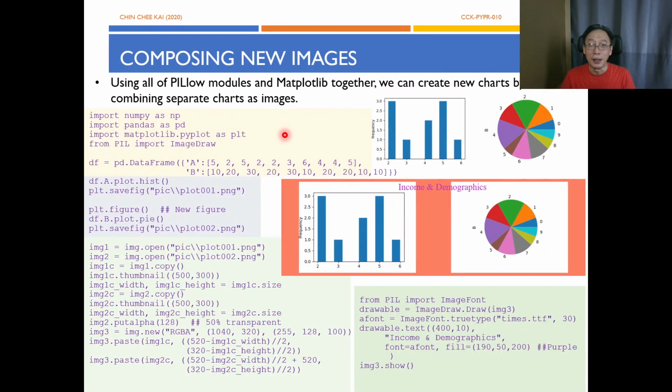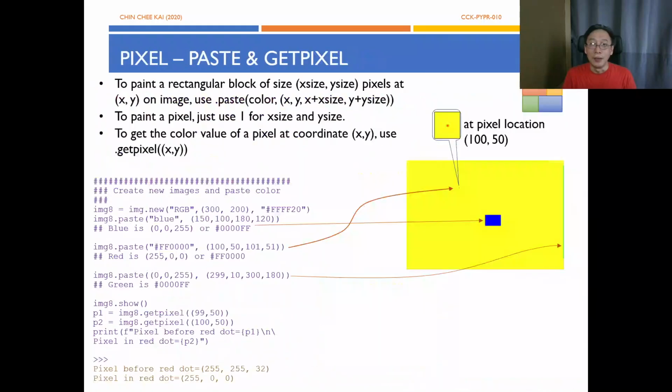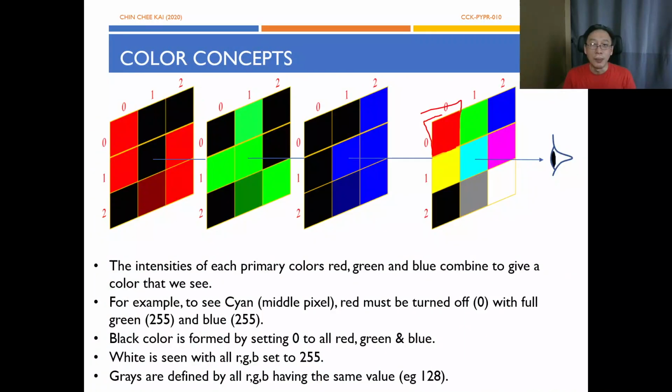If we remember, originally in our discussion about the 3-layer color planes that form the final colors that we see, when I say put alpha, Pillow will insert one more layer. So there will be 4 layers instead of 3 layers, so much more memory intensive. And the 4th layer is called the alpha channel. That's why it's called put alpha.